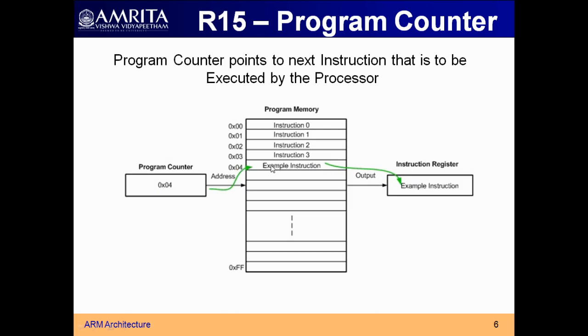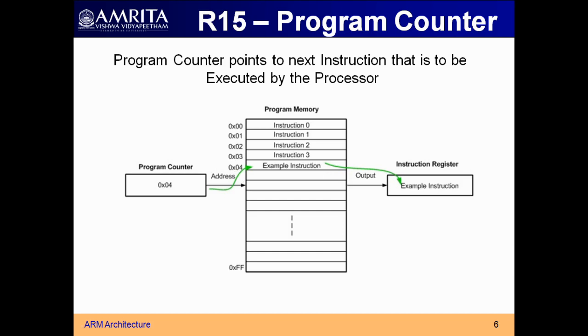So the program counter always points to the next instruction to be executed. After taking the instruction at 0x04 to the instruction register, what will be the content of the program counter? It will be automatically incremented to 0x05.